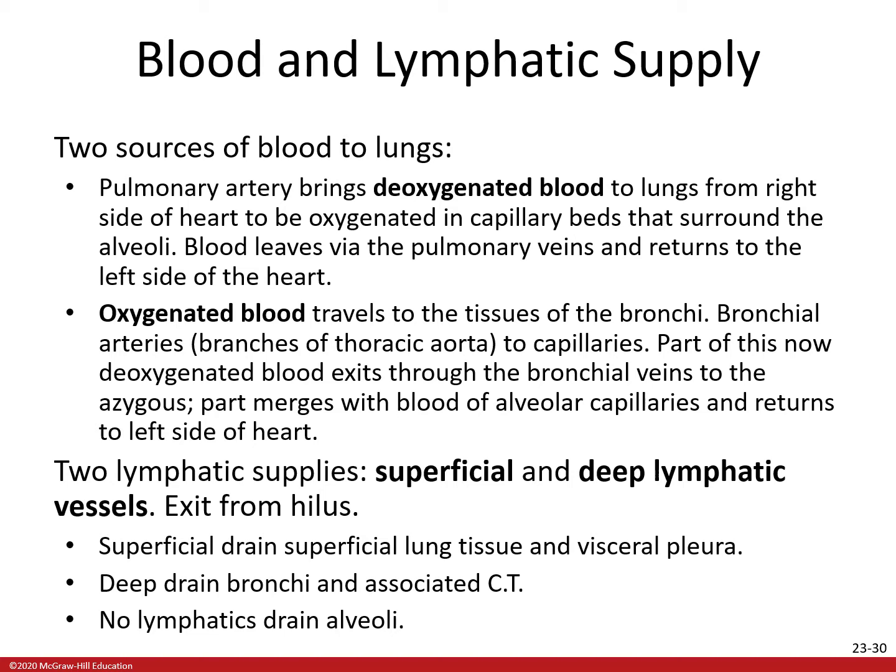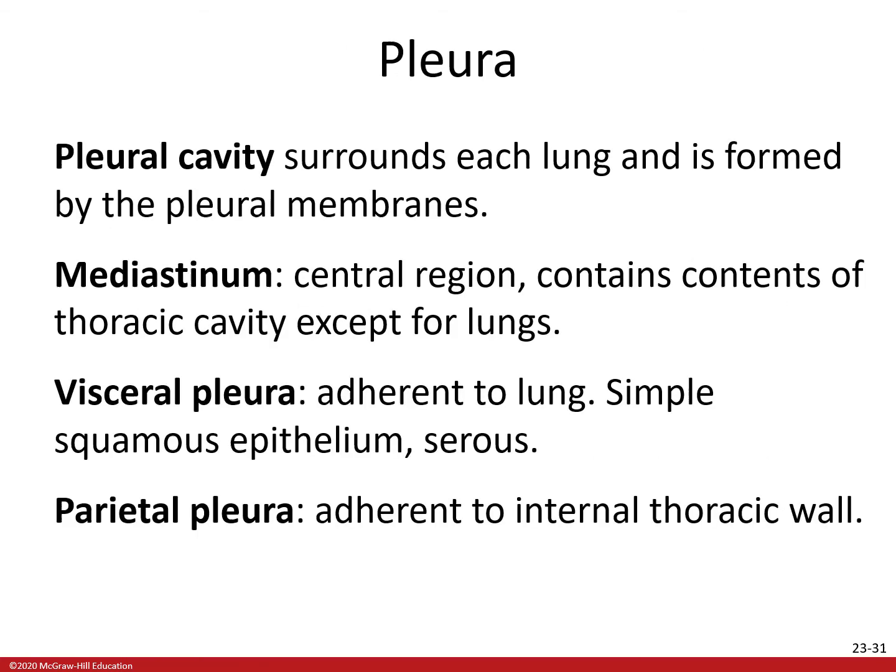Due to the lymphatic system's association with the lungs, the lymphatic system can inadvertently take the cancer from the lungs and transport it throughout the entire body. So that is why lung cancer is so bad, and that's why you shouldn't smoke. Okay, I'll get off my soapbox there and we'll talk about pleura.